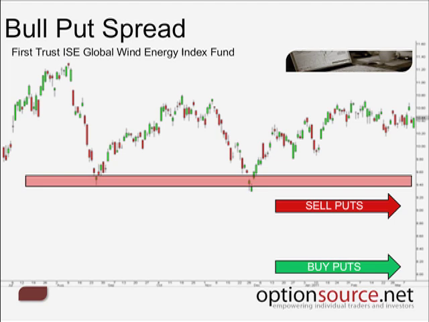So nonetheless, one would consider the bull-put spread as a way, and really credit spreads in general are there for smaller investors that need to quantify their worst-case scenarios.